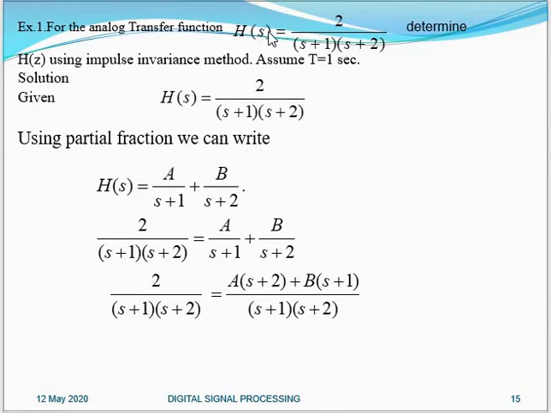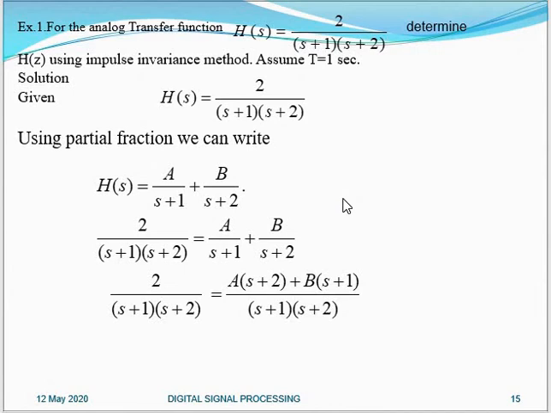The example: H(s) is given as 2 by (s plus 1)(s plus 2), and you have to evaluate H(z) using the impulse invariance method. Assume T equals 1 second, capital T equals 1 second. So H(s) is given, we have to go for the partial fraction method, that is A by (s plus 1) plus B by (s plus 2).